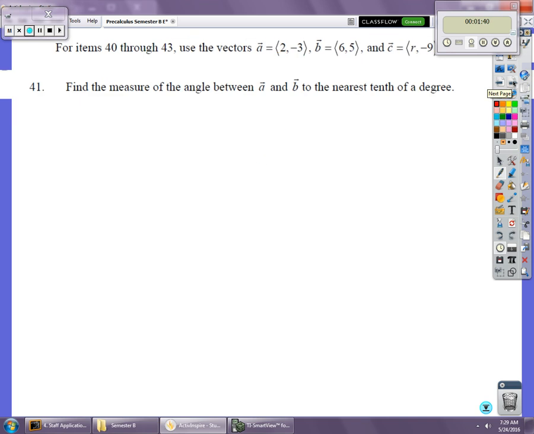Okay, one of the reasons that you use dot product is for questions like this. Find the measure of the angle between vector A and vector B to the nearest tenth of a degree. There is a formula for this on your formula sheet, and it looks something like this. It's inverse cosine of the dot product of A and B over the magnitudes of A and B multiplied.